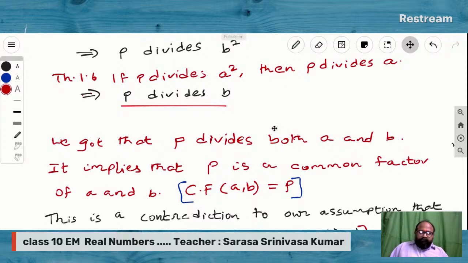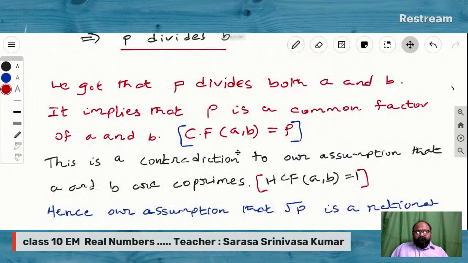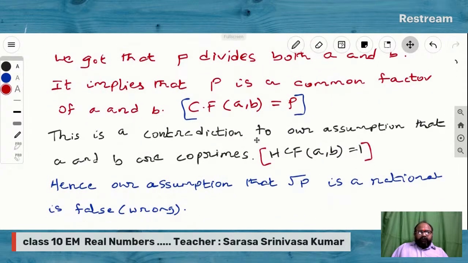So if p divides both a and b, then we can say that p is a common factor of both a and b. This is a contradiction to our assumption that a and b are co-primes.